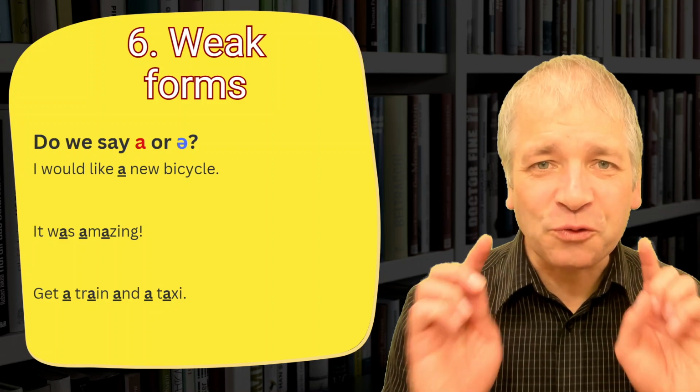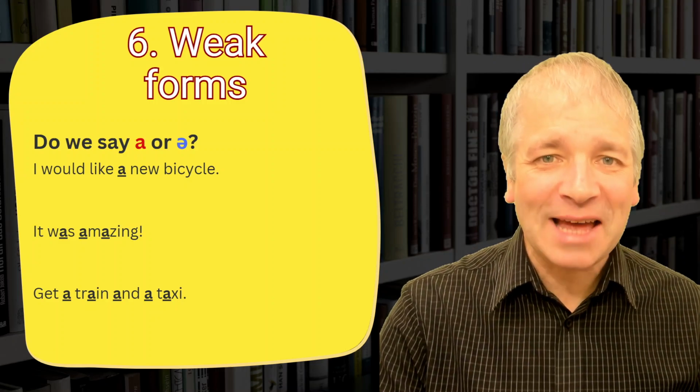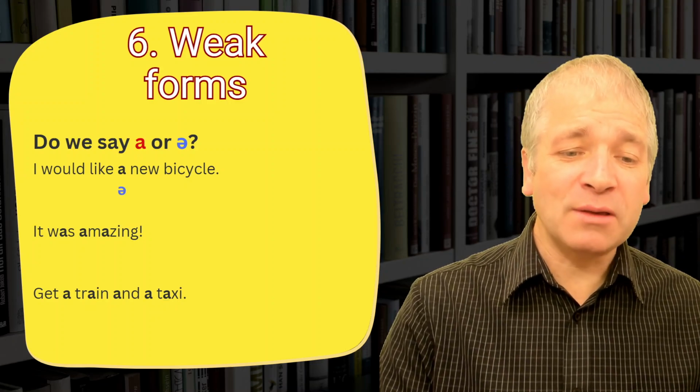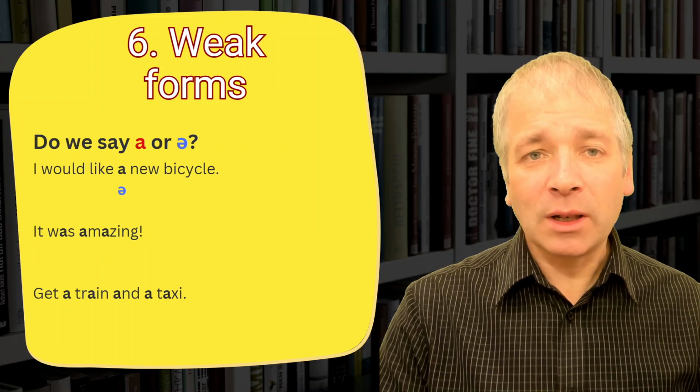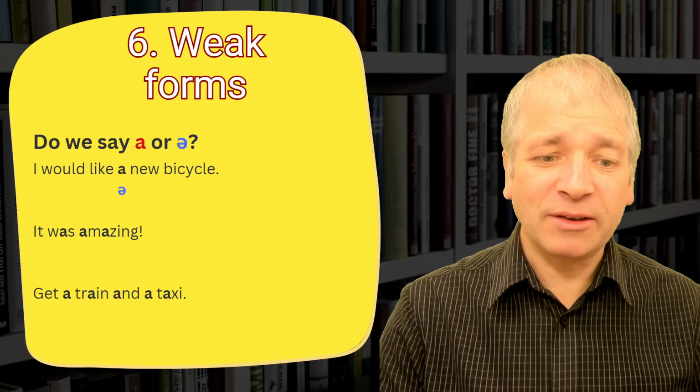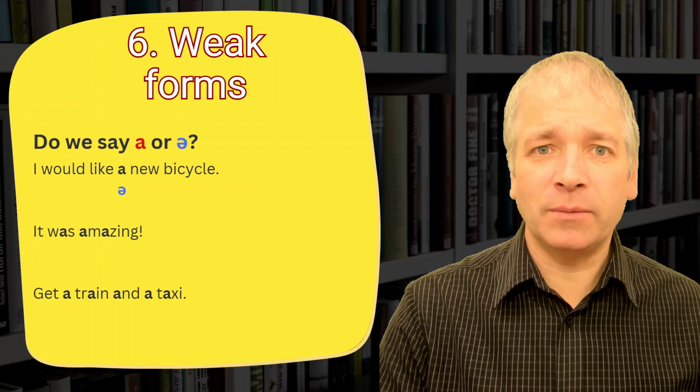Did you spot the 3 different ways of saying the letter A? In the first sentence, it was this schwa. I would like a new bicycle. In the second sentence, it was amazing.